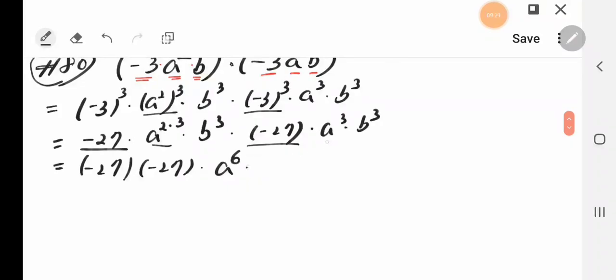Then put this one together, so that is a cubed, and put the b factors together, so b cubed times b cubed.